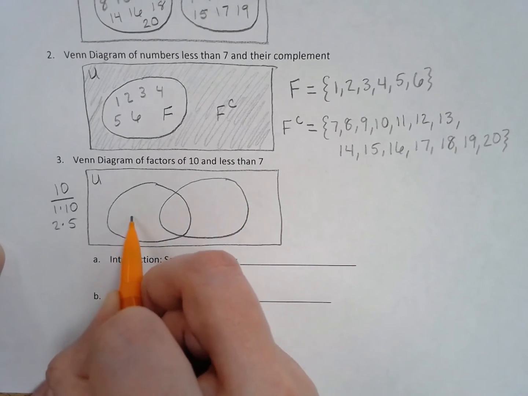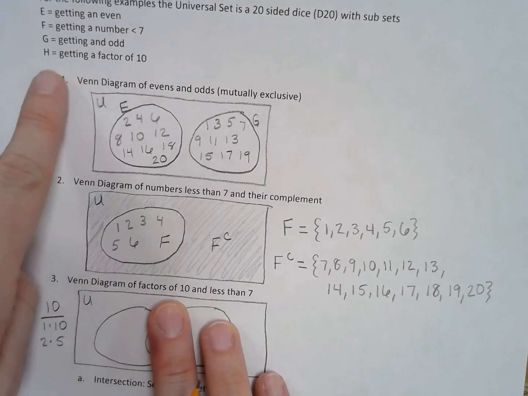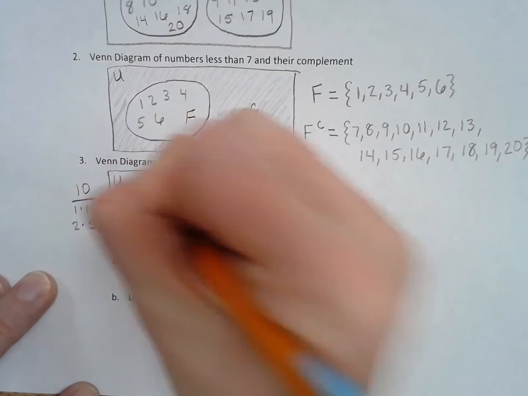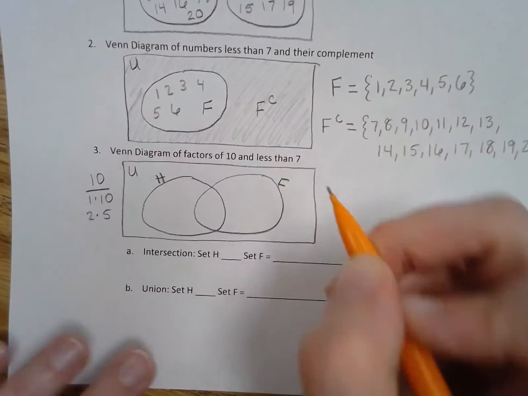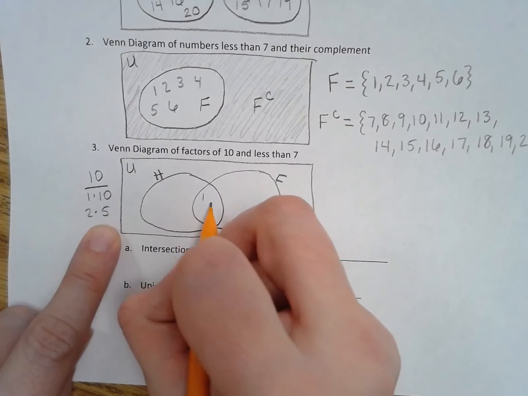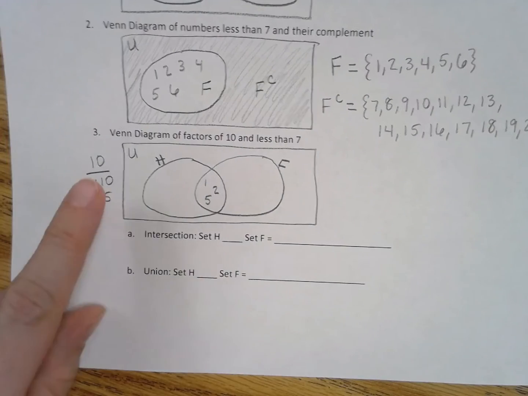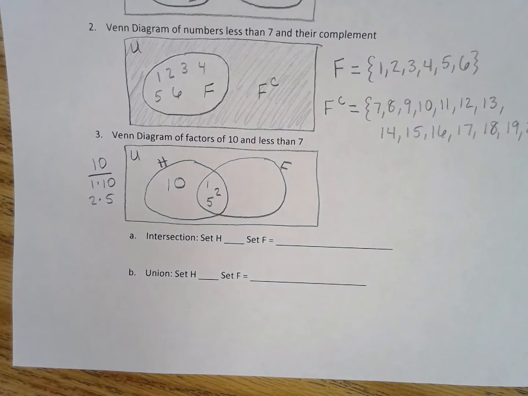So this first subset, the factors of 10, we're going to call H. So this subset is H. And the ones less than 7 we called F. So here in the overlap, 1, 2, and 5, we would include in both of those subsets. 10 is only in this subset of factors of 10.